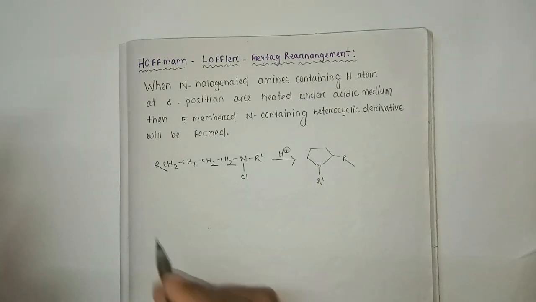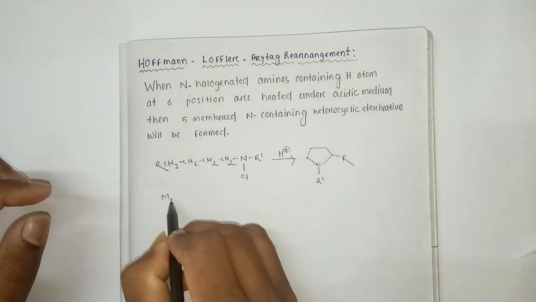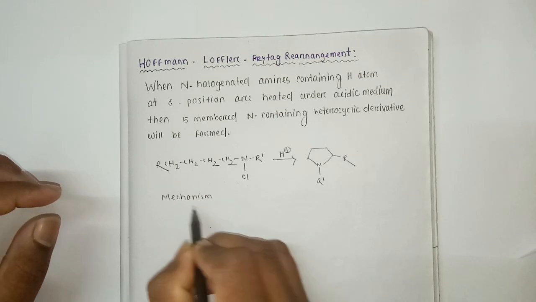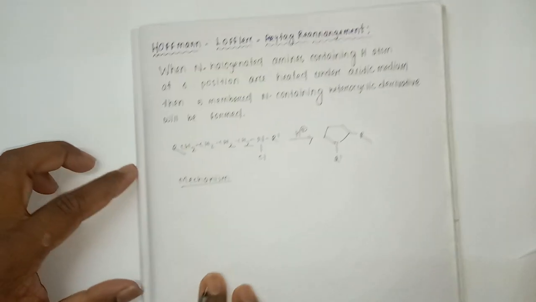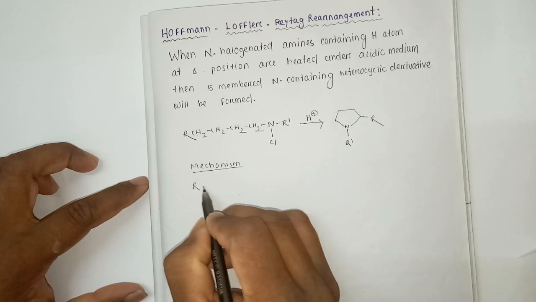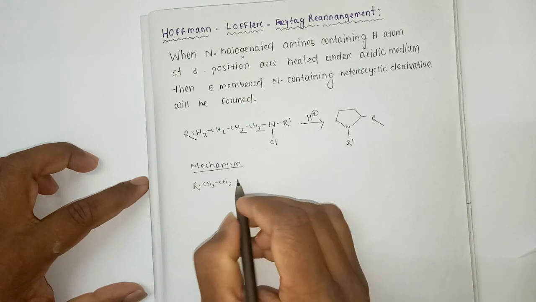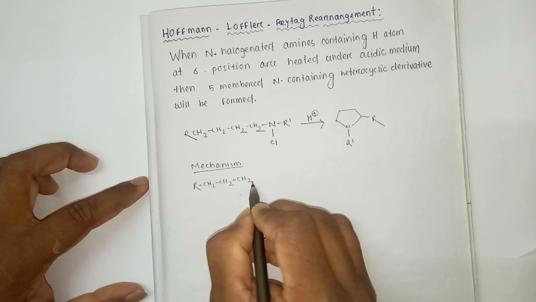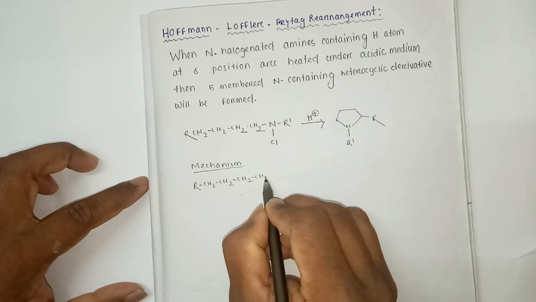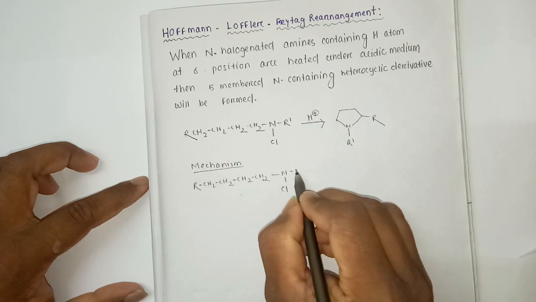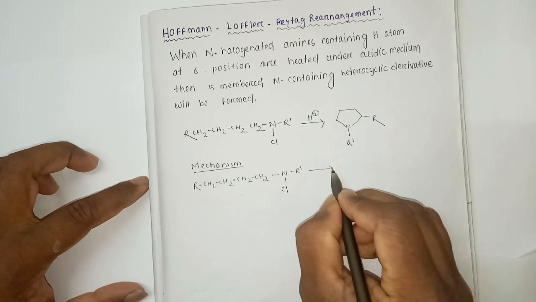So let's discuss the mechanism. We have R, CH2, CH2, CH2, CH2, nitrogen, chlorine, and this is the RDS group.